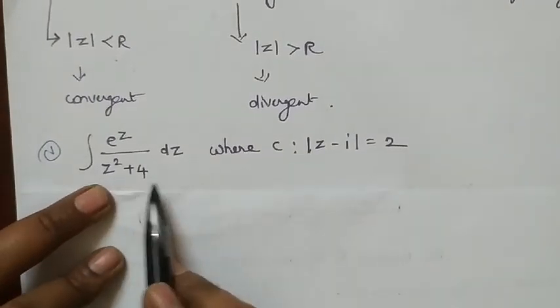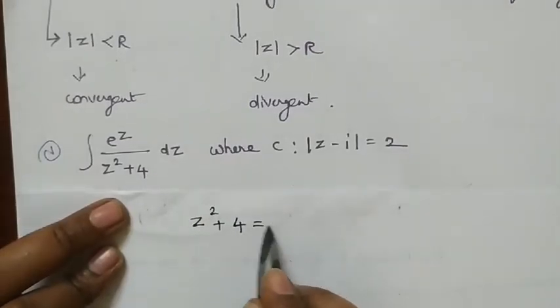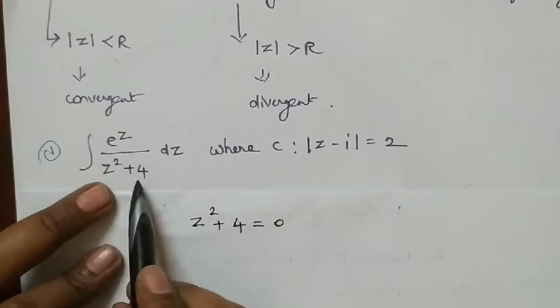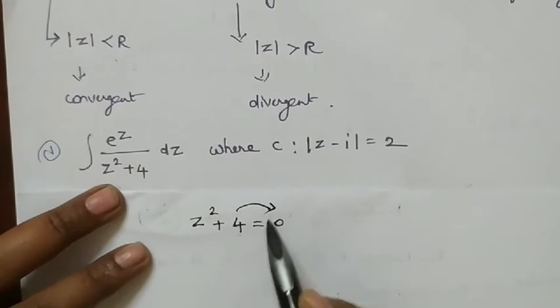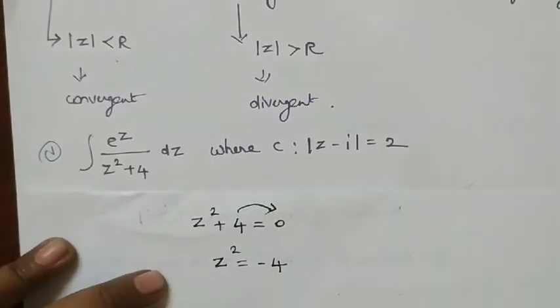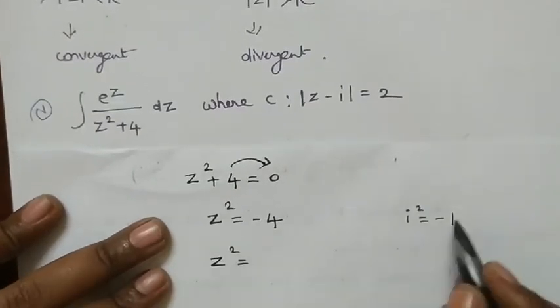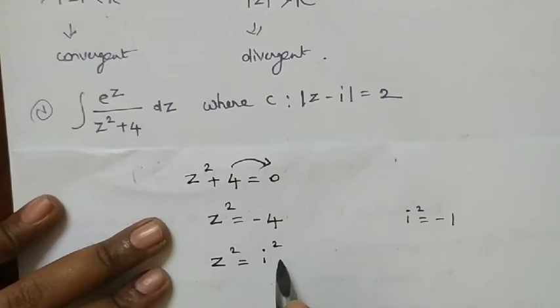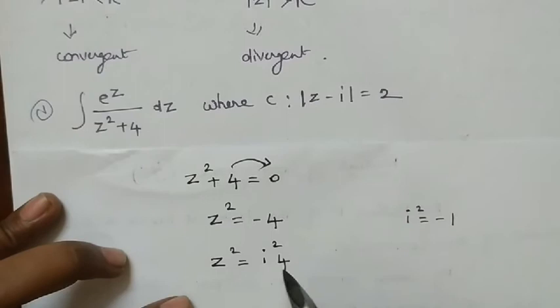In this problem, we have to find the value of z. So, z square plus 4 equal to 0. We equate the denominator to 0. On taking plus 4 to the right hand side, it becomes z square equal to minus 4. Then i square value is minus 1, so minus 4 can be written as i square into 2 square.